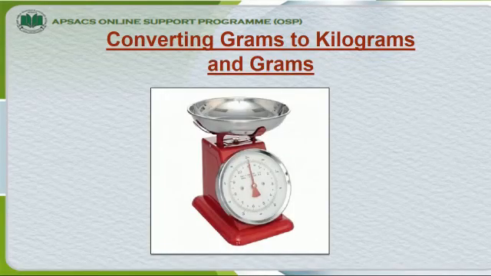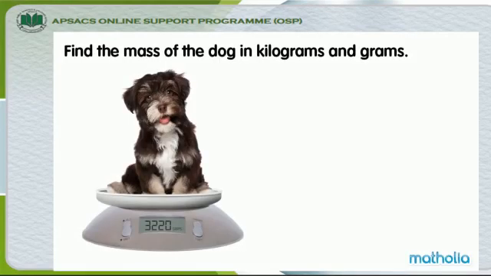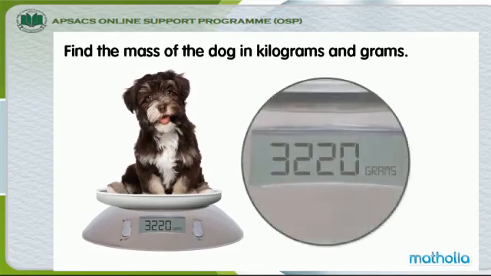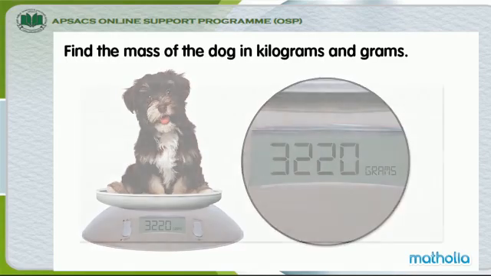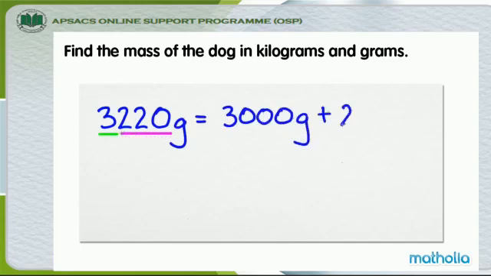Okay class, now let's convert grams to kilograms and grams. Find the mass of the dog in kilograms and grams. The dog has a mass of 3,220 grams. We can rewrite 3,220 grams as 3,000 grams plus 220 grams.